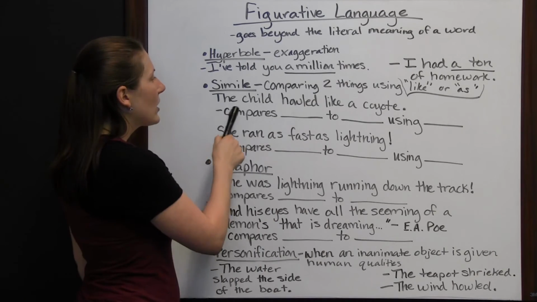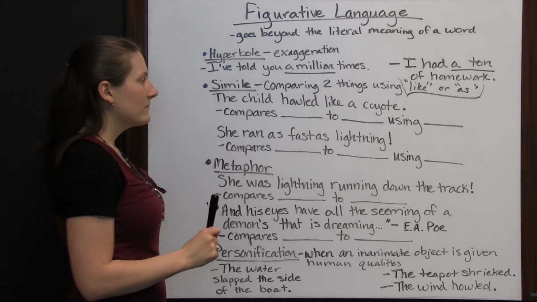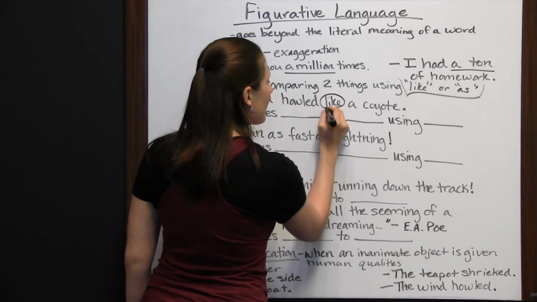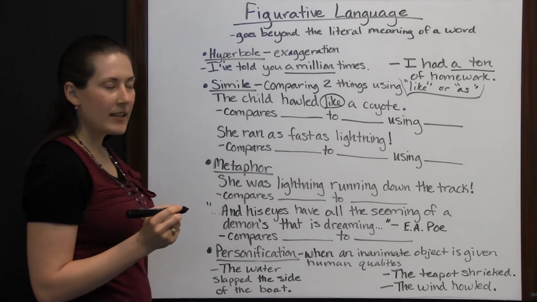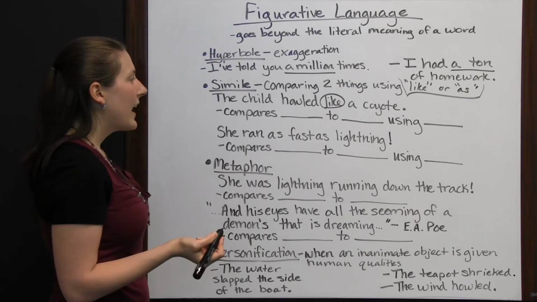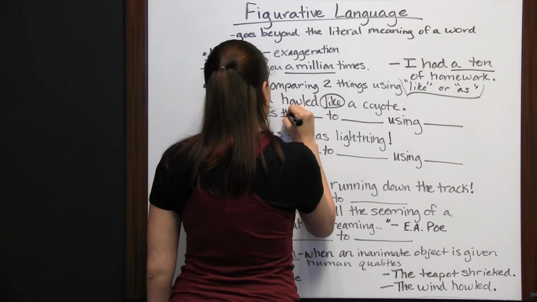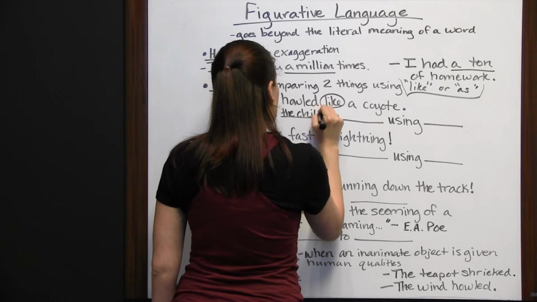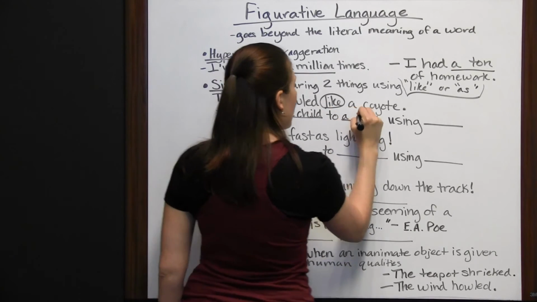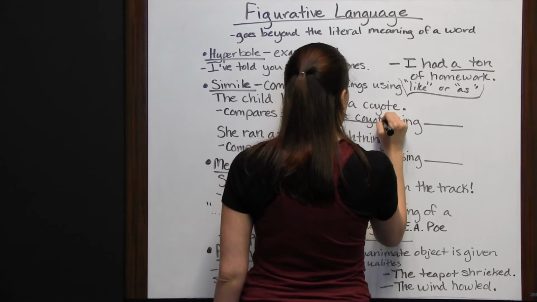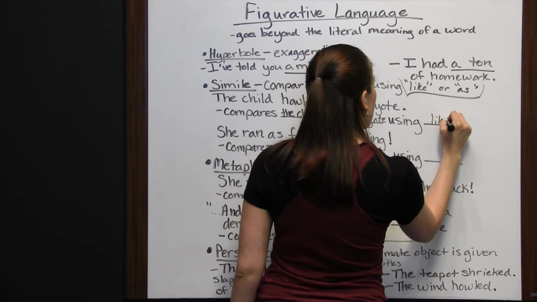So, the child howled like a coyote. We see our word like. You're comparing two things in this sentence. The child howled like a coyote compares the child to a coyote using the word like.